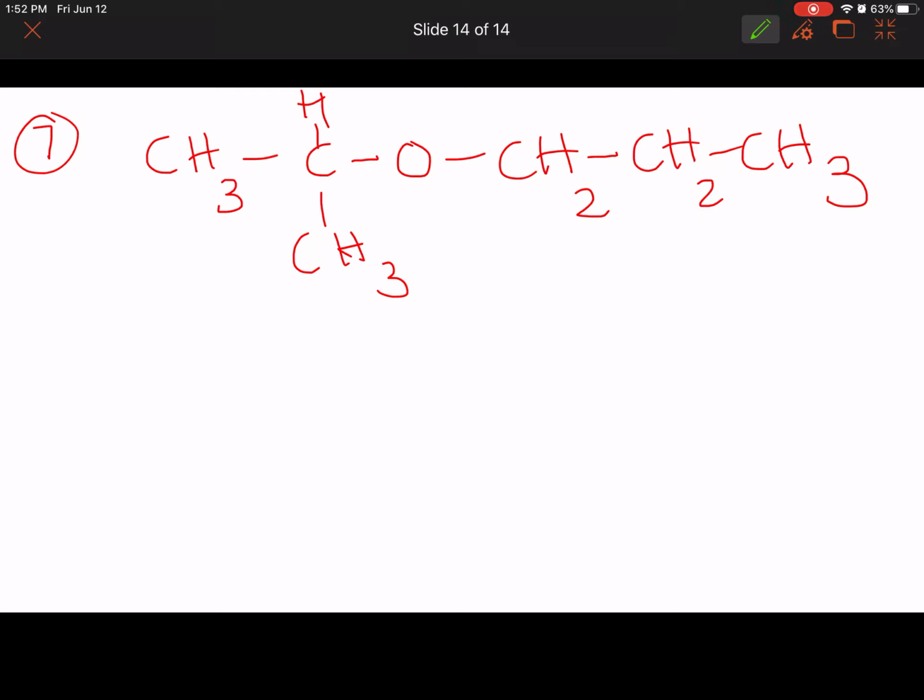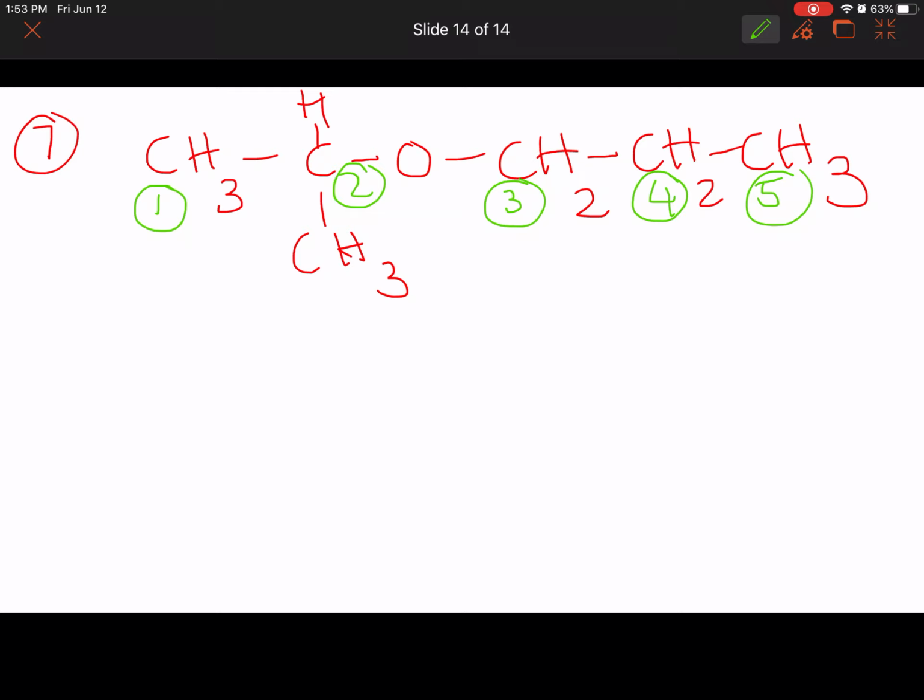It was numbered differently or whatever. So here we have number 1 is going to be this carbon. Number 1, 2, 3, 4, 5.